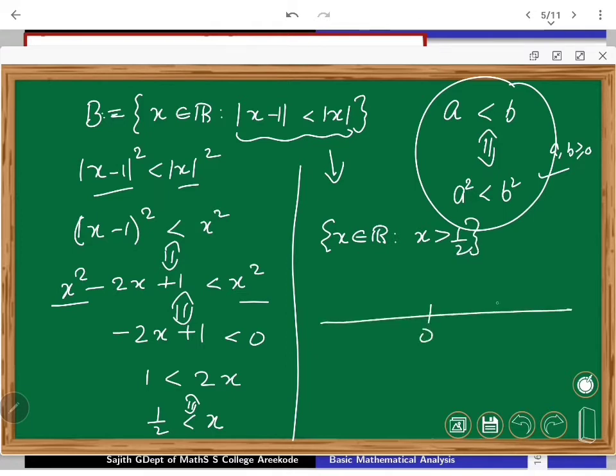Geometrically, once again, I have to look at half here and everything beyond. That is what the set is. This is another application of the inequalities we have discussed so far. Using this, one more example is also, I think, non-trivial, that we will do now.